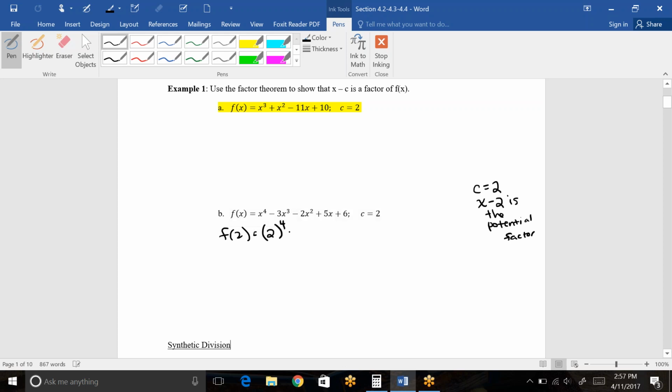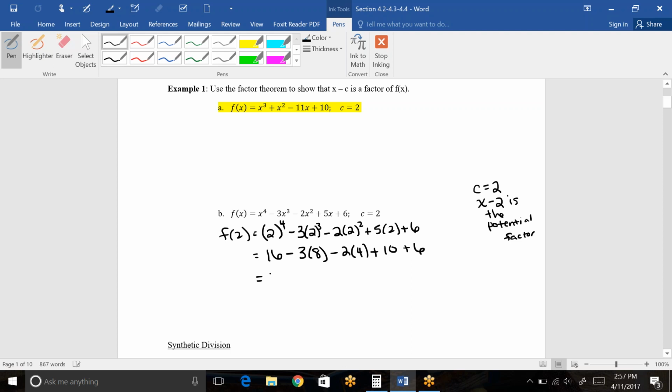So 2 to the 4th minus 3 times 2 cubed minus 2 times 2 squared plus 5 times 2 plus 6. 2 to the 4th is 16. 2 to the 3rd is 8. 2 to the 2nd is 4. And I'm going to go ahead and work out 5 times 2 and bring down the 6.